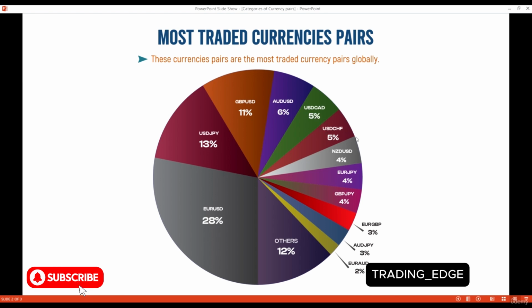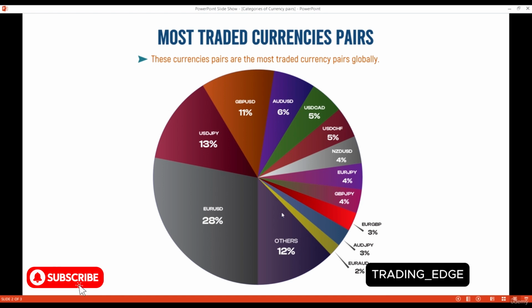We have the USD CHF at 5% also. We have NZD USD at 4%. We have Euro JPY at 4%. GBP JPY at 4%. Euro GBP at 3%. AUD JPY at 3%. And Euro AUD at 2%. We have others also, at 12%. That's other currency pairs at 12%.